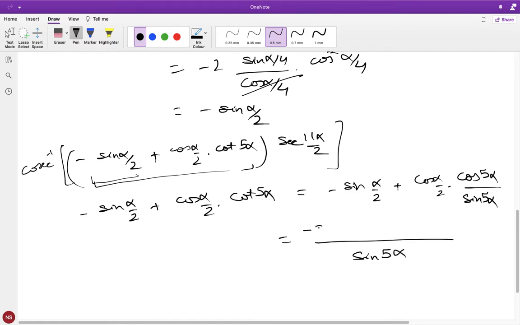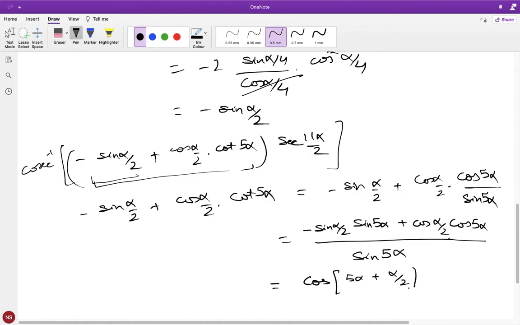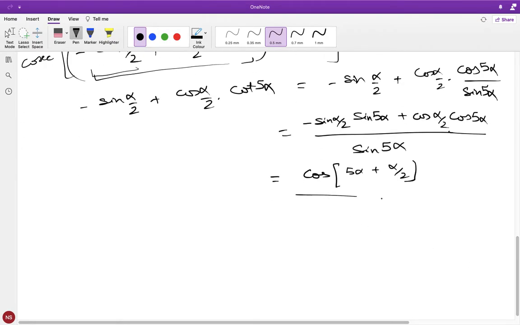You will get minus sin(α/2) sin 5α plus cos(α/2) cos 5α. So cos A cos B minus sin A sin B, what is that? It is nothing but cos(A + B), cos(11α/2).